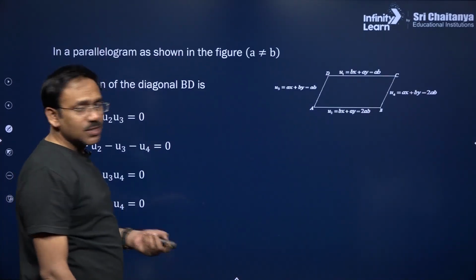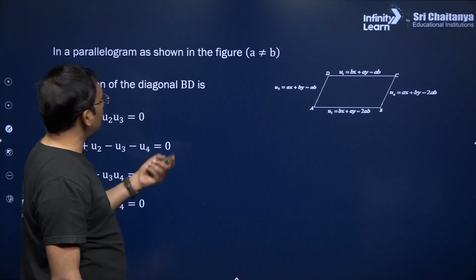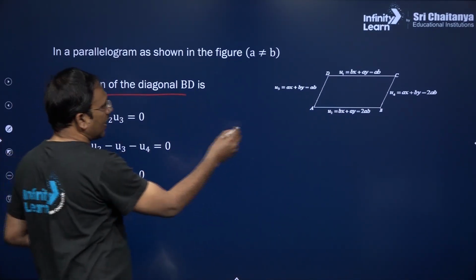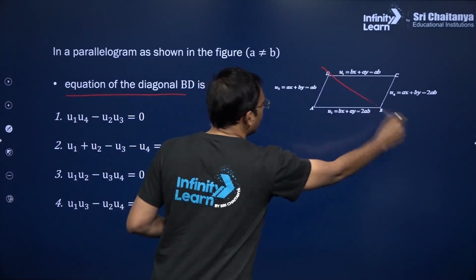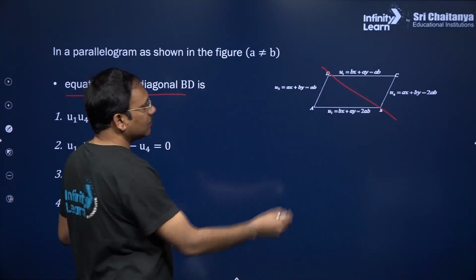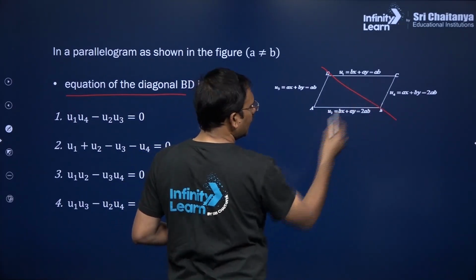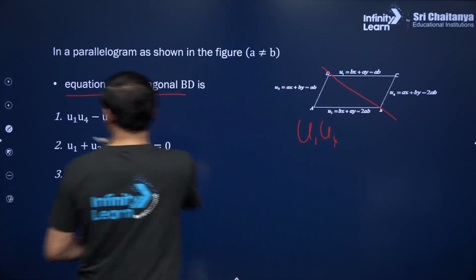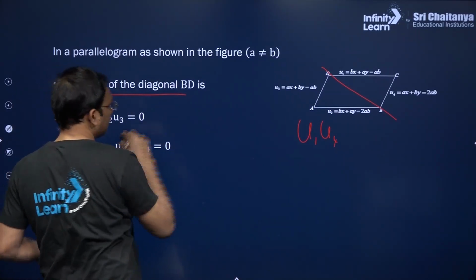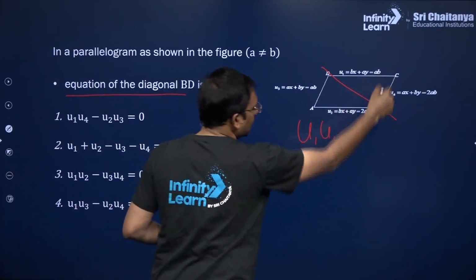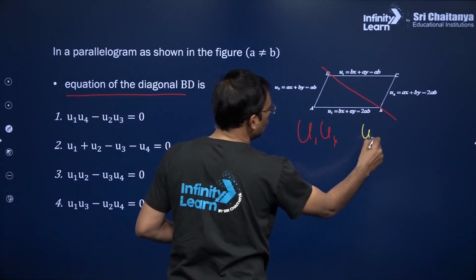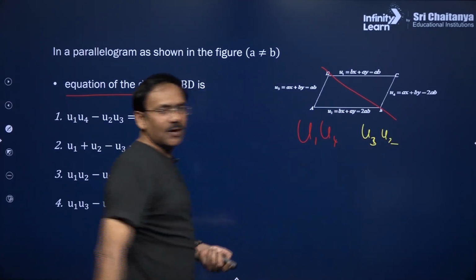Next, friends, you see this equation, the parallelogram as shown in the figure, a different from b, the equation of the diagonal BD. My dear friends, you can take like this is line 1, line u1, u4. So, u1 into u4 gives, my dear friends, a pair of straight lines connecting these two, and u3 into u2 gives another pair of equations.